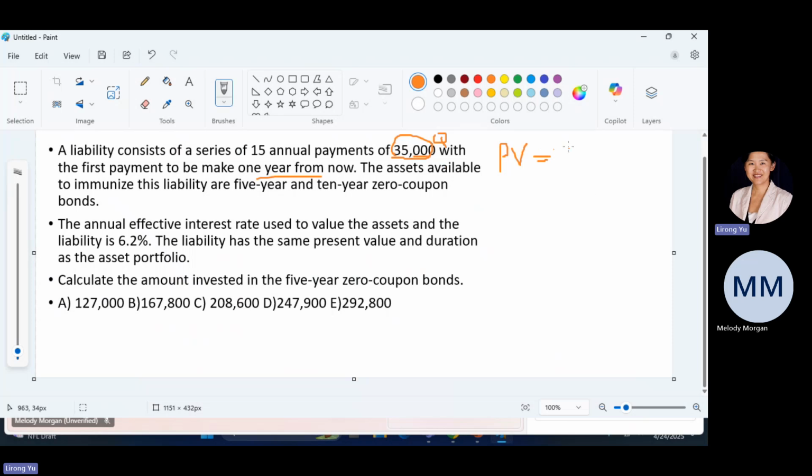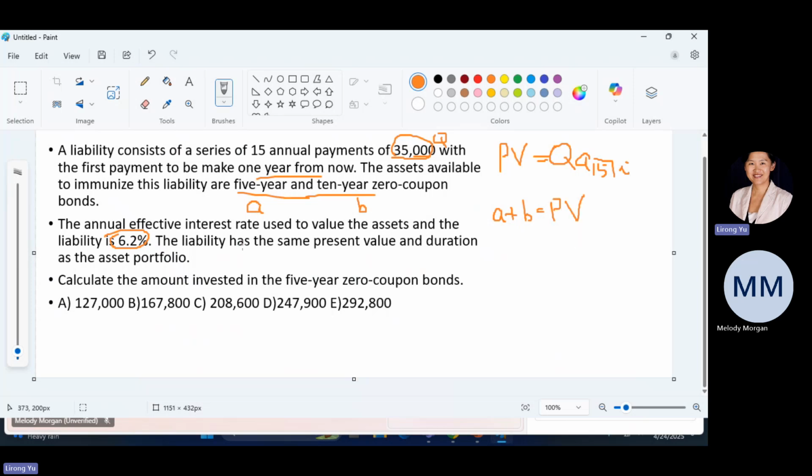That's our Q multiplied by A15 at the interest rate of 6.2%. The assets are a 5-year and a 10-year zero coupon bond. Suppose the 5-year zero coupon bond is A and the 10-year zero coupon bond is B. Then A plus B should equal the present value.